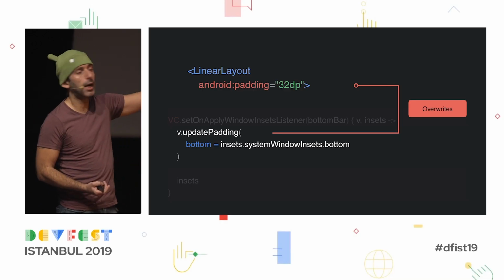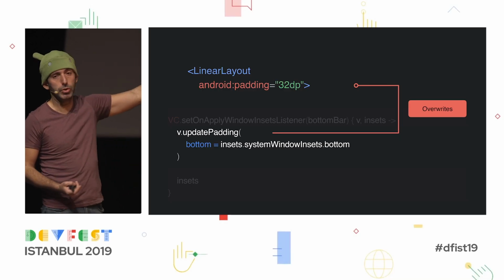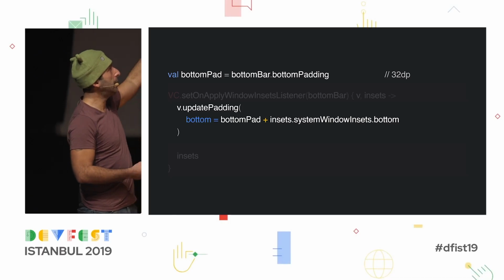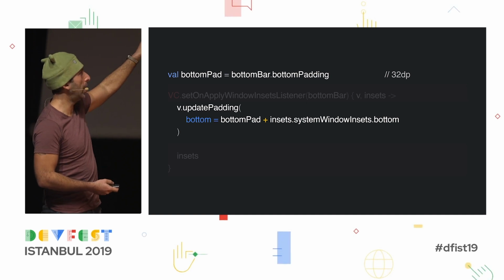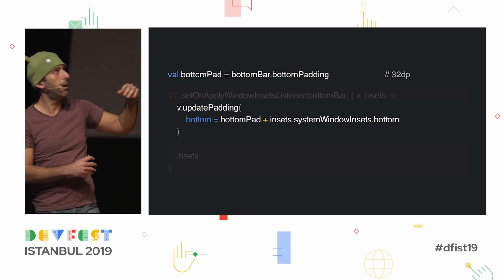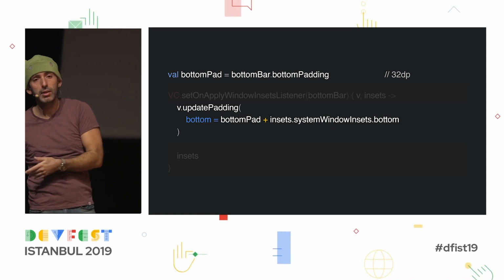Why this is happening is you're basically overwriting your initial padding value with the height of the navigation bar, which is not what we wanted, because we want to keep the 32 dps and add the bottom value on top of it. So to fix this, what you need to do is keep the initial padding somewhere and add that to the bottom padding every time the listener is called.